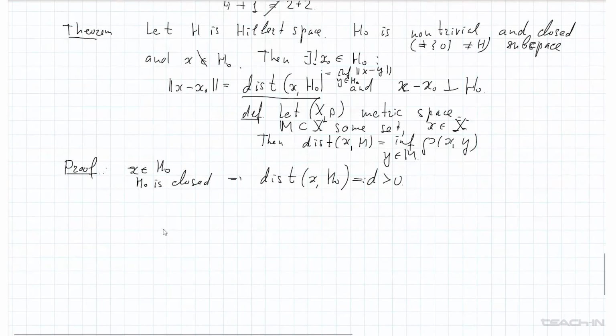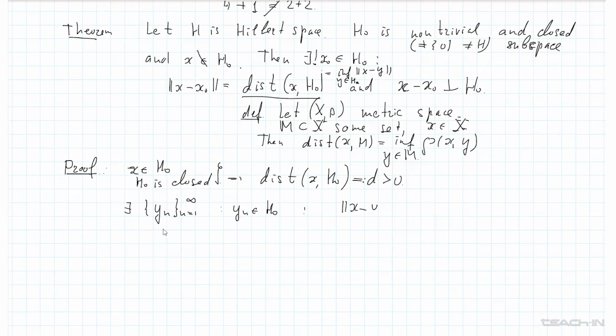So from these two assumptions, by definition of infimum, there exists a sequence yn of elements from H0 such that the norm of x minus yn tends to d.